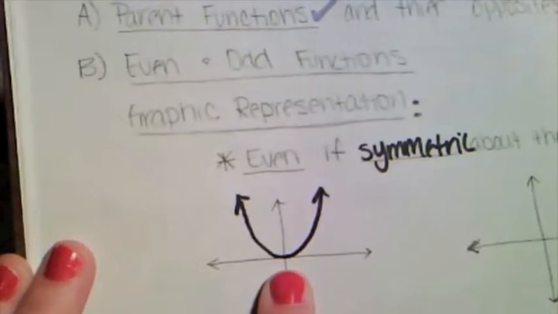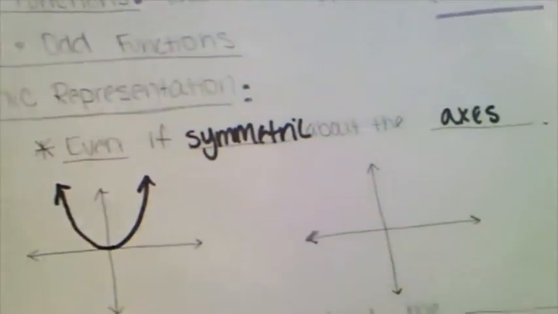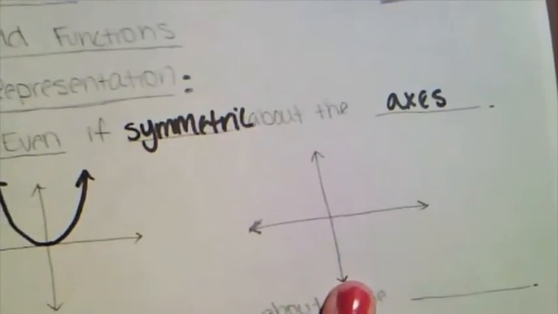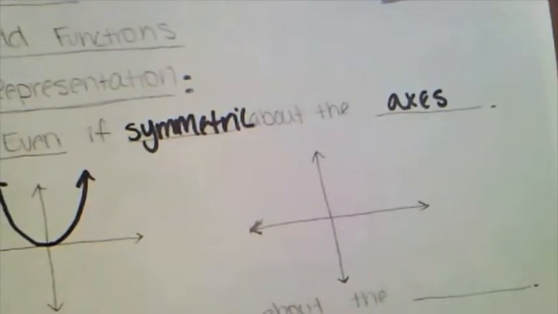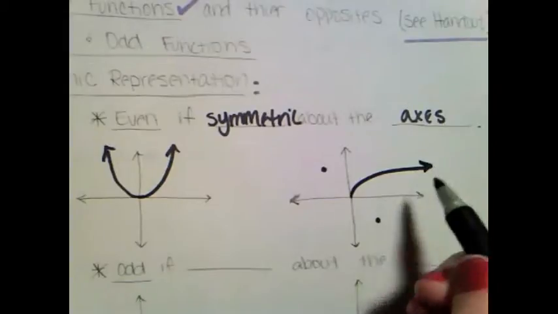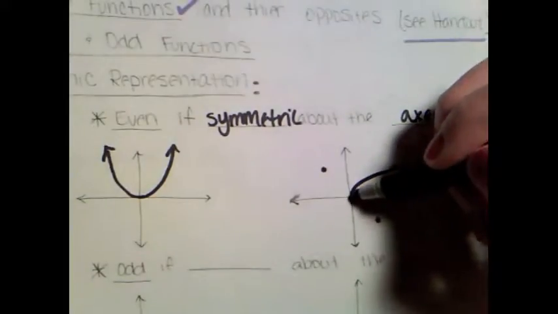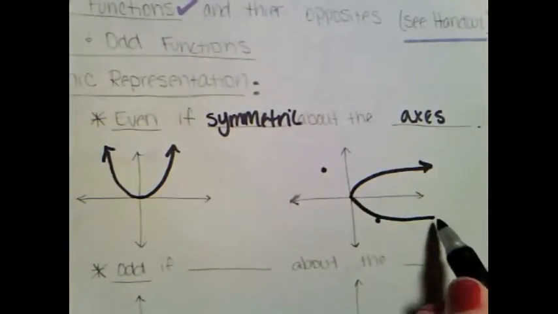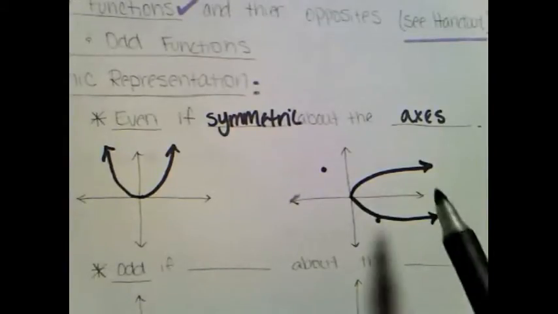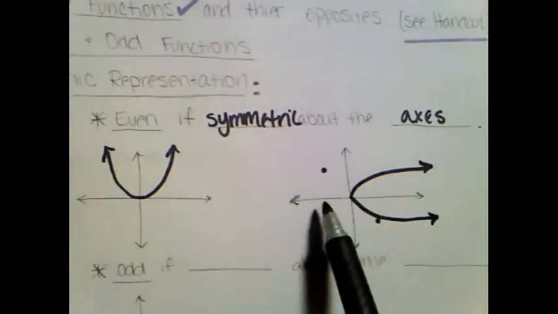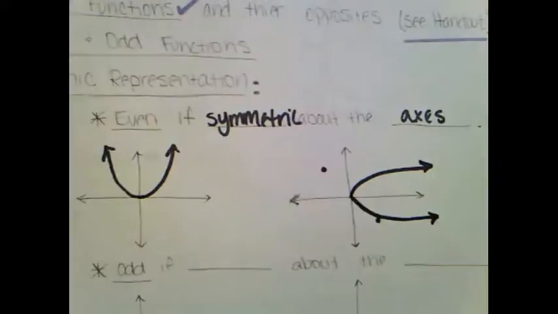You can see that it is symmetric along the y-axis. And another even function might look something like this. You can see that this function is symmetric about your x-axis.